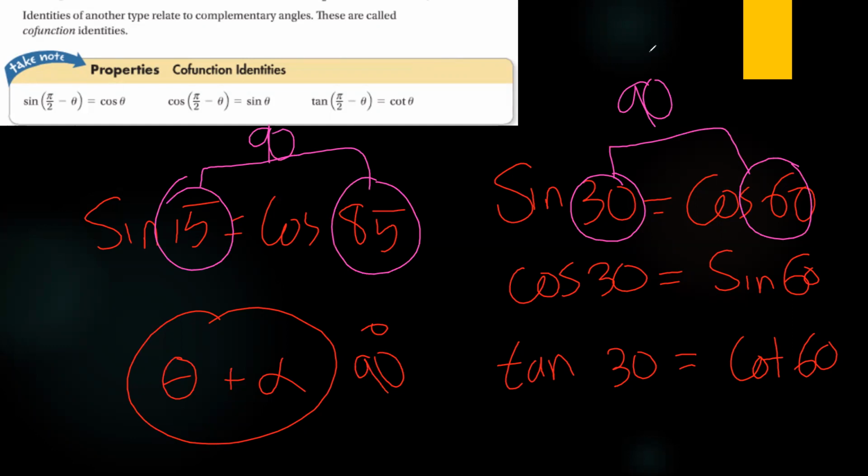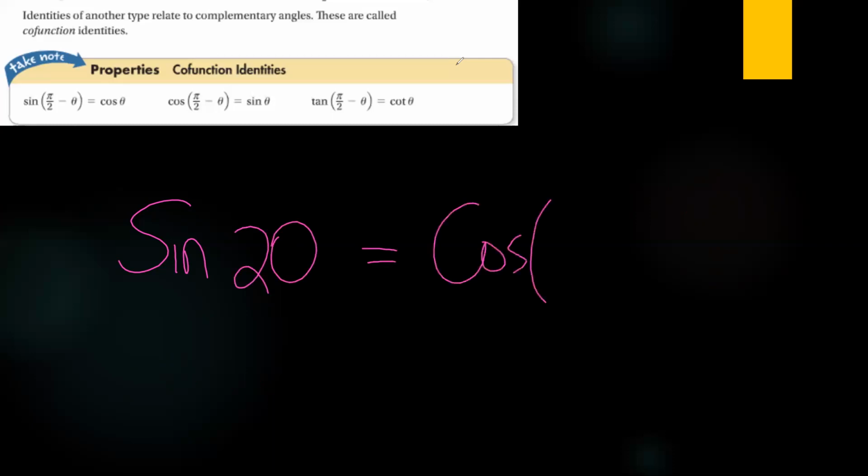So if you now want to find the sine of 20, you will say that sine of 20 will be cosine of 90 minus 20, which is 70.